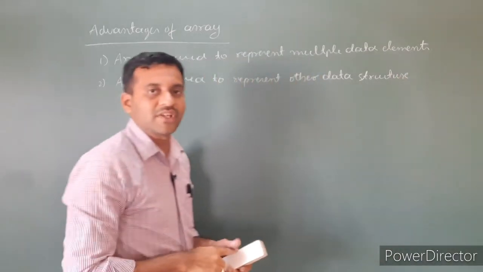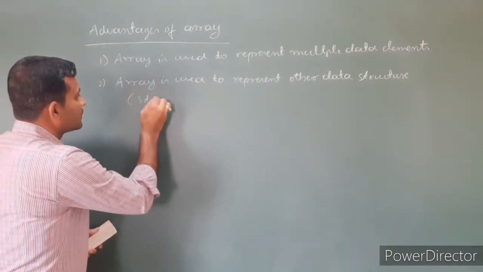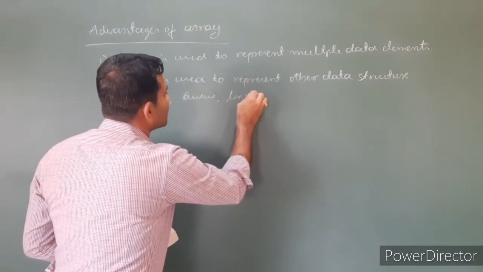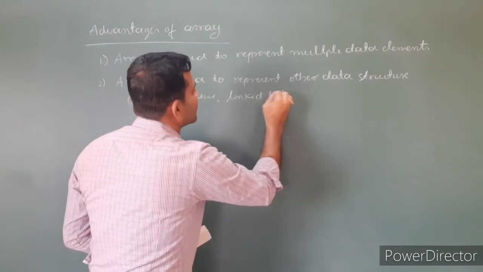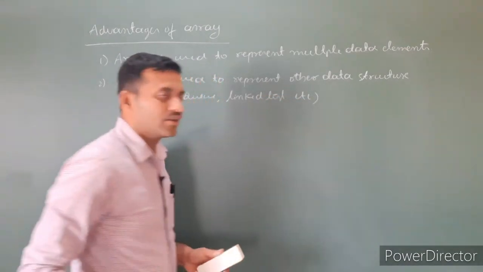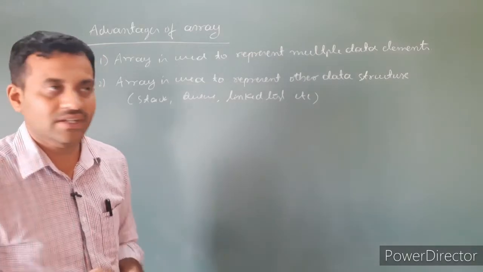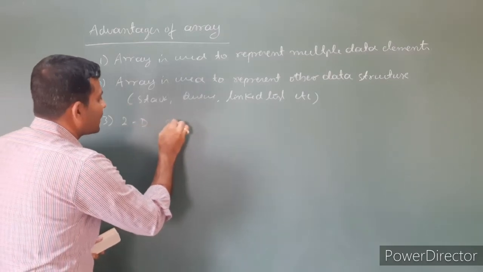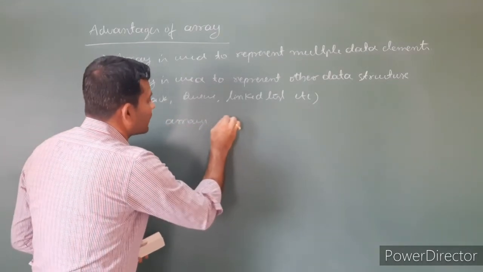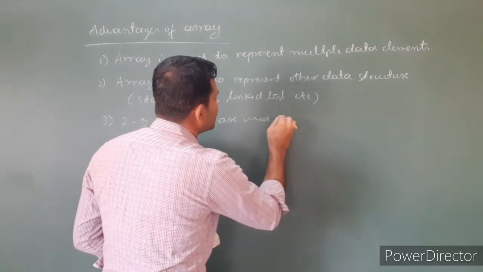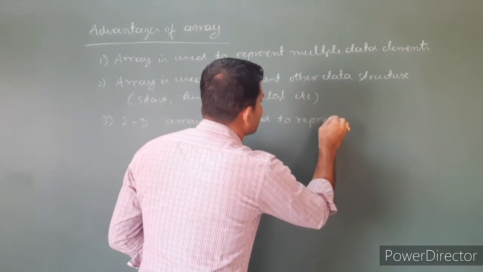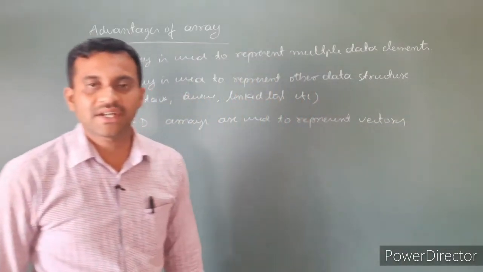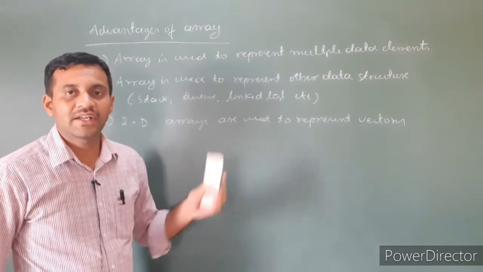Here other data structures means stack, queue, linked list, etc. Then the third one, two-dimensional arrays are used to represent vectors. So these are the advantages of an array.